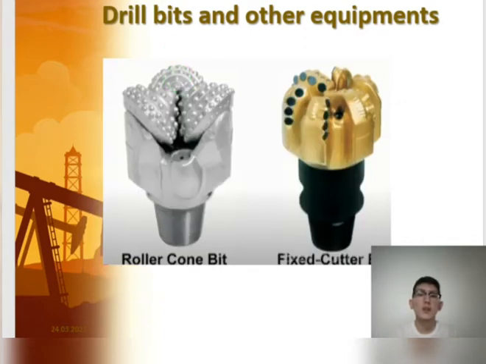And the second type is the fixed cutter bit. It doesn't have moving parts. It works by shearing and scraping through rock, and it consists of the polycrystalline diamond compact bit.